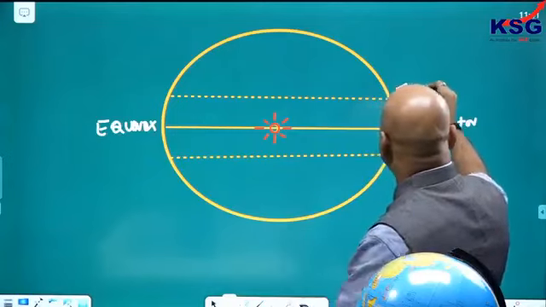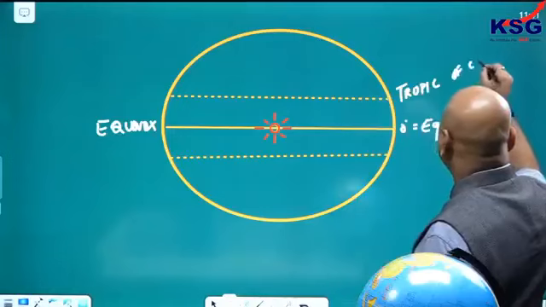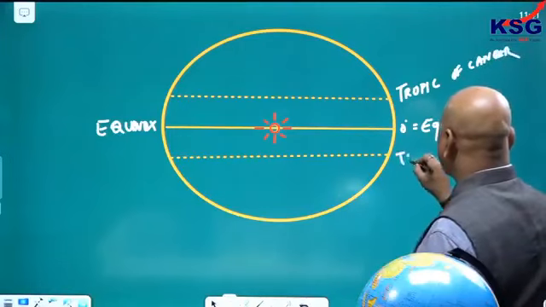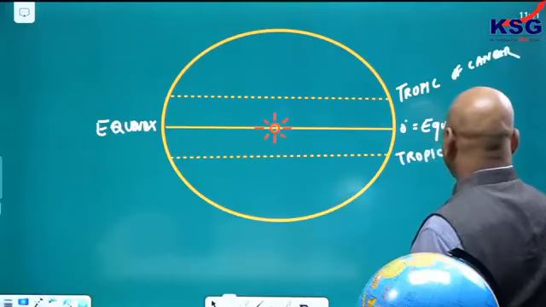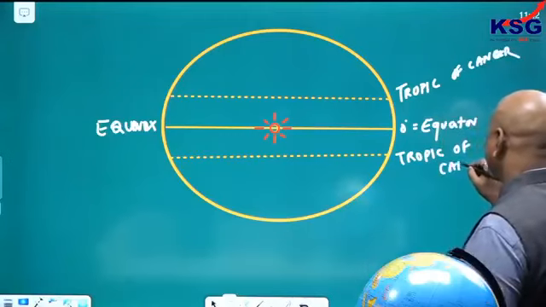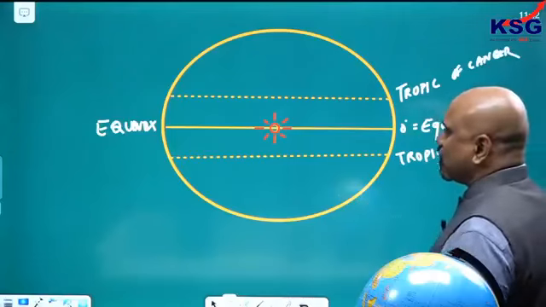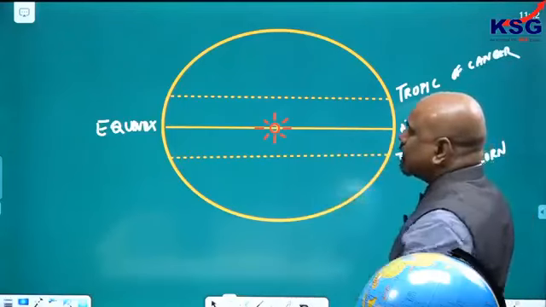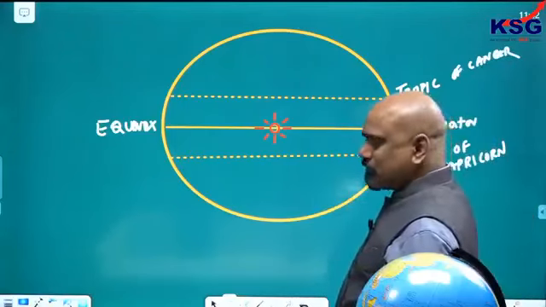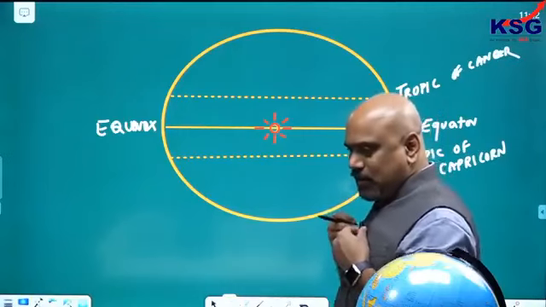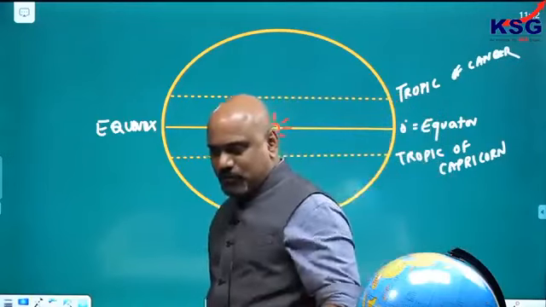This is the Tropic of Cancer, this is the Tropic of Capricorn. While it is at the equator, it is the equinox.